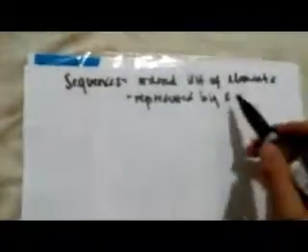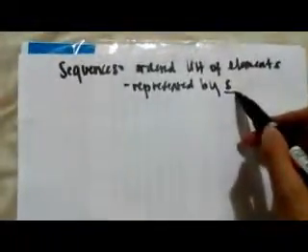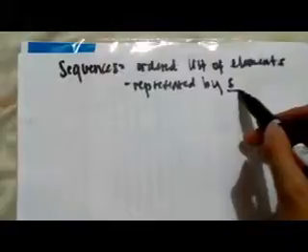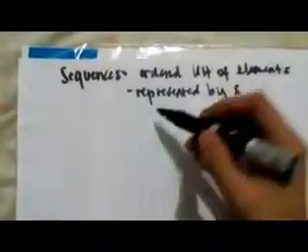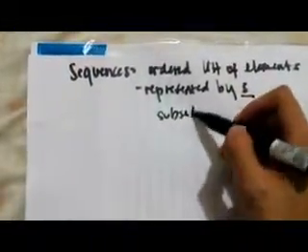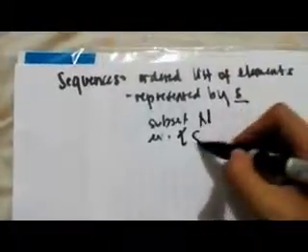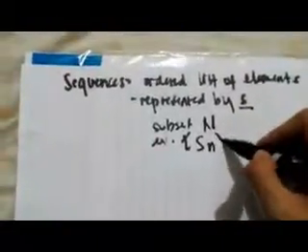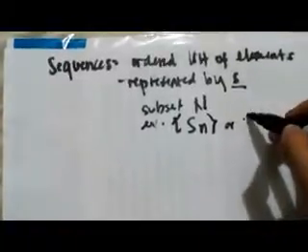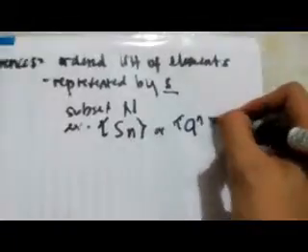What are sequences? Sequences are ordered lists of elements represented by the letter S. It is a function for a subset N. For example, we can represent it as S_n, or a raised to n.